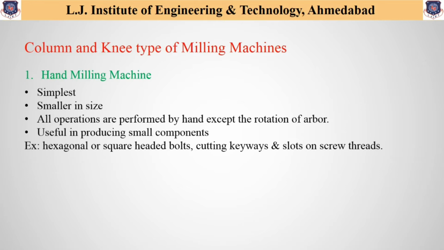In simple terms, this hand milling machine is named so because except the rotation of arbor, all the movements of the table need to be done by hand, and that's why this machine is called the hand milling machine. And keep this in mind, this machine is used only and only for smaller components.